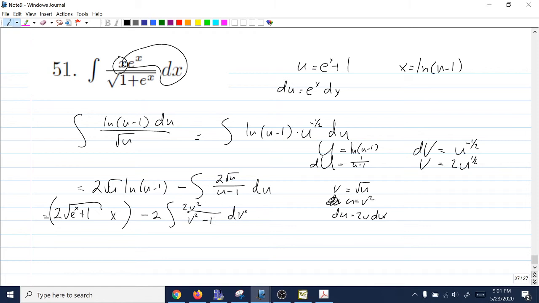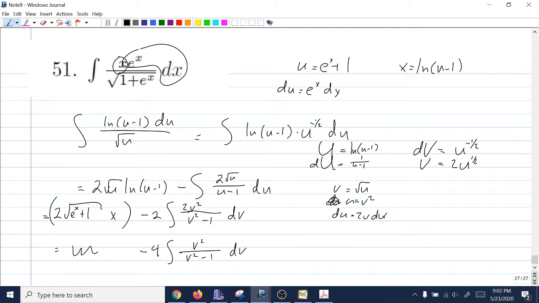So this is what you end up with. I get minus 4 integral v squared over v squared minus 1. This is a rational function. I can do a partial fraction decomposition on it. It's going to start with long division.